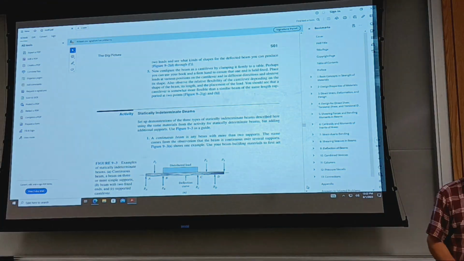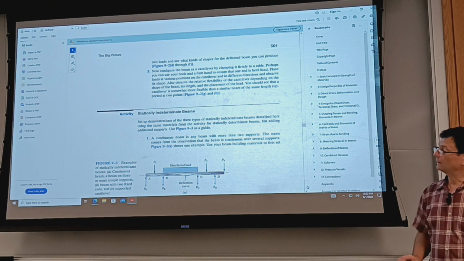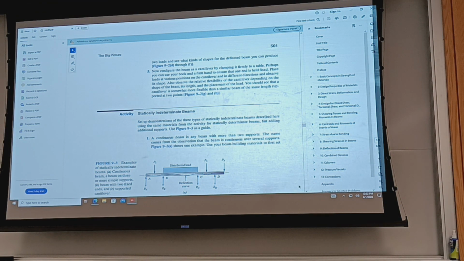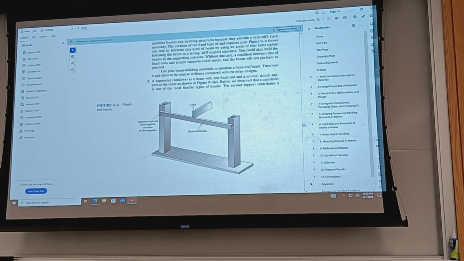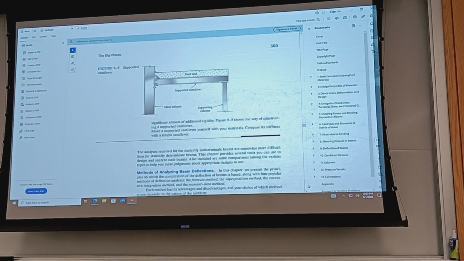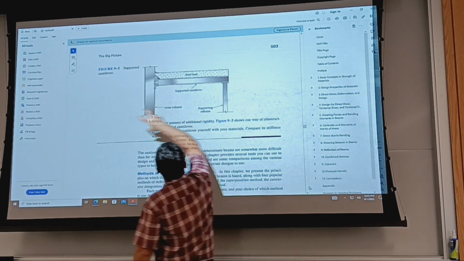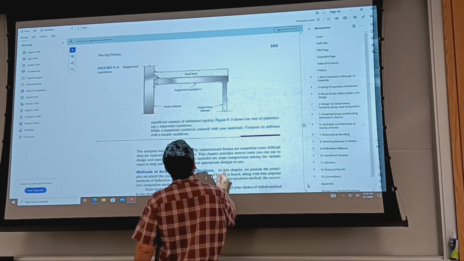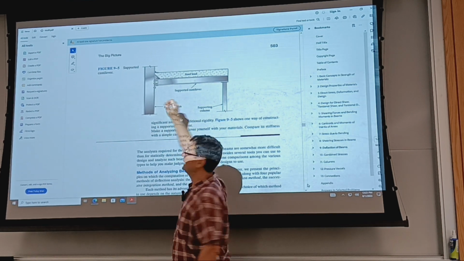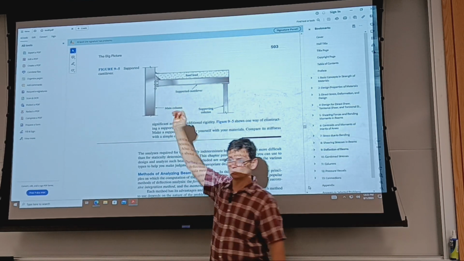Okay, supported cantilevers are this kind of arrangements. Without the supporting column, it was just a cantilever; I bring the support in place and I reduce this deflection to 0. Does it make sense?